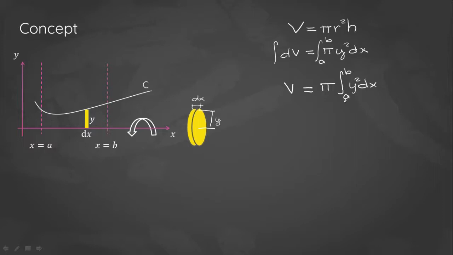Note that you must express y squared in terms of x. Suppose our graph here is a function of x, so we must substitute the value of y with f of x. So we can rewrite our formula as V equals pi times the integral of f of x squared dx, bounded from a to b.